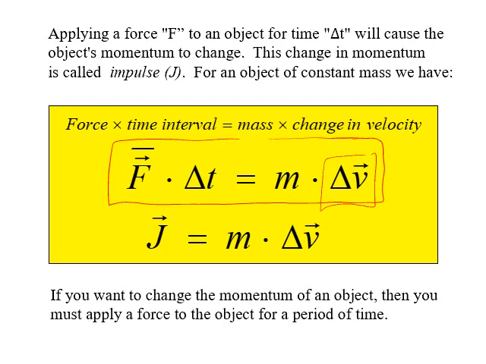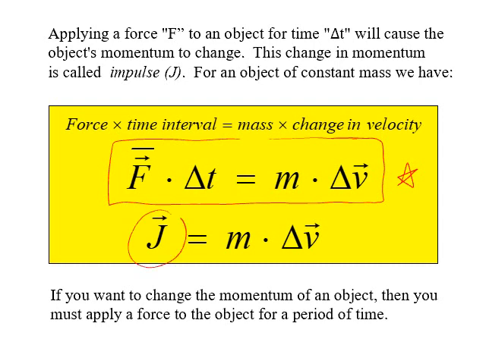Again, we're assuming rigid masses, not masses that change. So we're dealing with things like rocks and cars, things that either change mass so slowly that it's not important, or that don't have any mass change. So this relationship is called our impulse relationship.